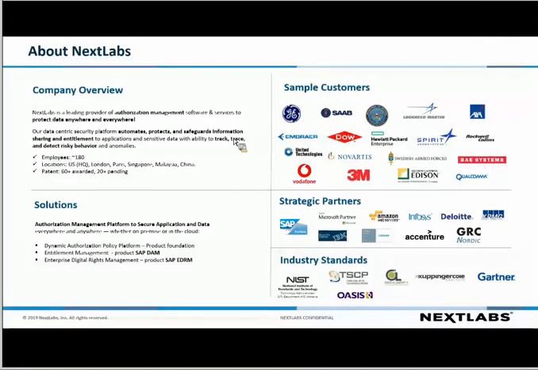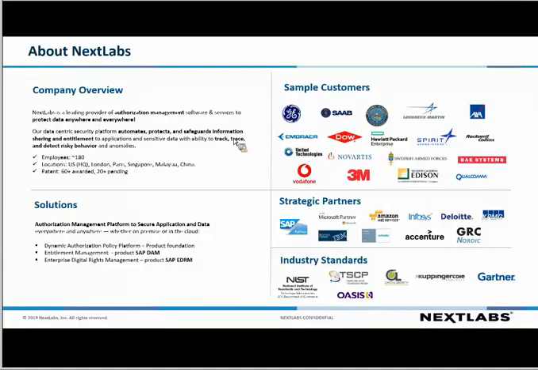Next slide. So I'm just going to start off with a quick backgrounder on NextLabs. We were founded 15 years ago in Silicon Valley, which we still count as our headquarters today. We've since expanded our offices to include the UK, France, Germany, Malaysia, Singapore, and China. Our customer list is a veritable who's who of the Fortune 500, spanning a number of different industries, including aerospace and defense, manufacturing, financial services, pharma, among others.